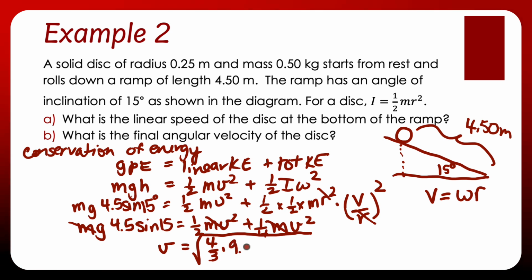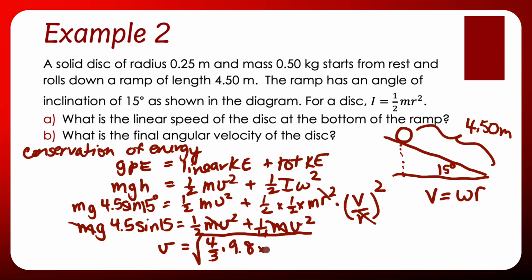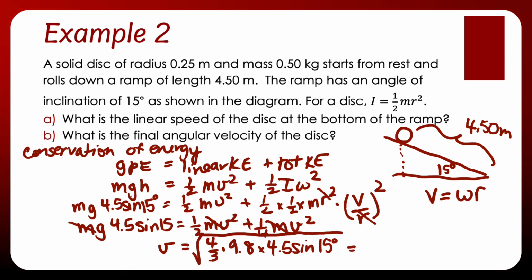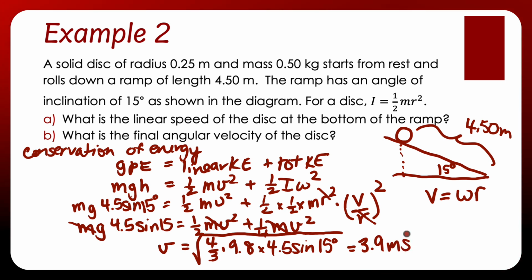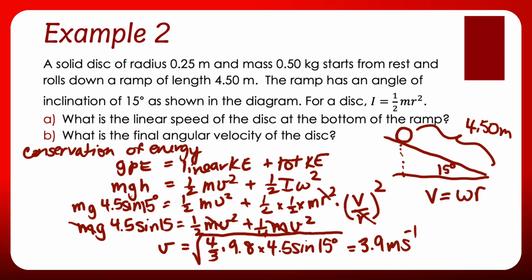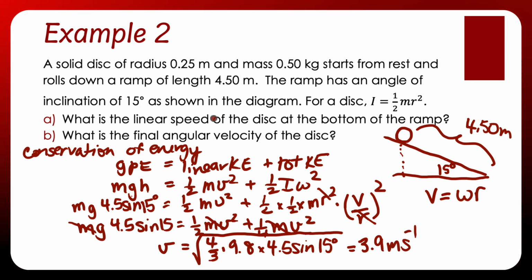G is 9.8. Make sure your calculator is in degrees. Using my calculator, I get 3.9 meters per second. That will be my linear speed of the disk at the bottom of the ramp.